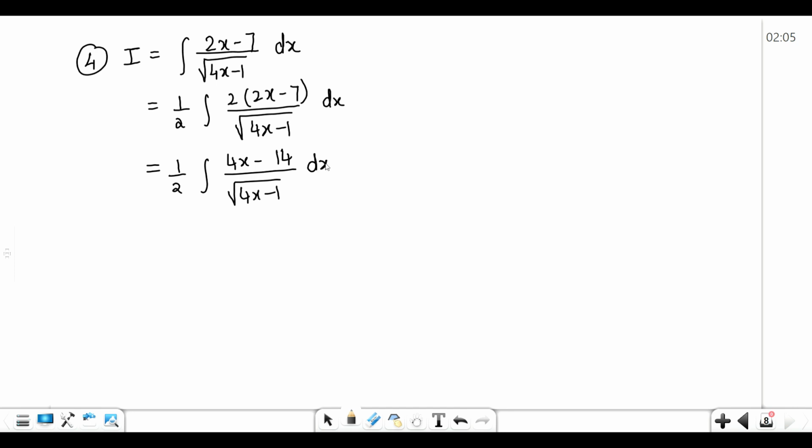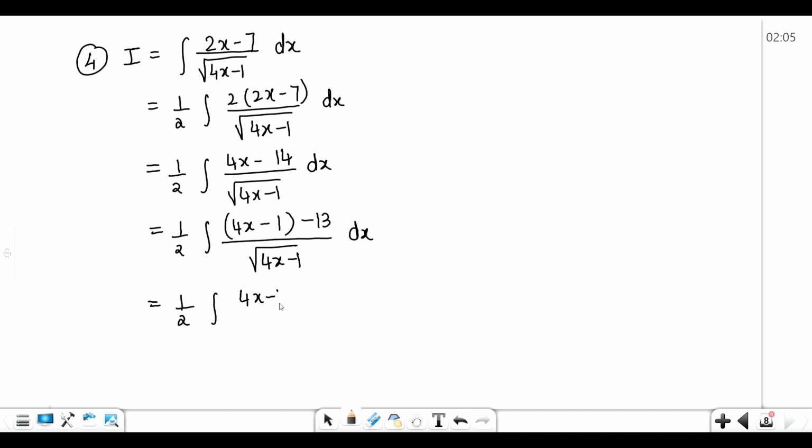Since we have to create the same term as the denominator, we'll separate this minus 1, which gives minus 13, because minus 1 minus 13 gives minus 14. Now our numerator is the same. Now we'll separate this, so it becomes half of the square root of 4x minus 1 dx, minus 13 by 2 times the square root of 4x minus 1.